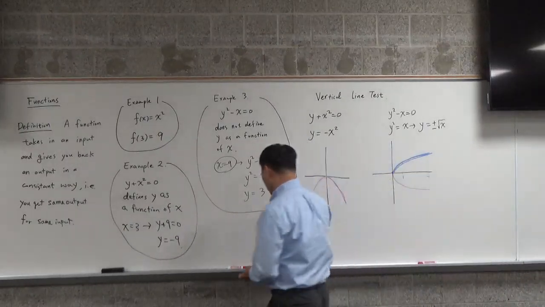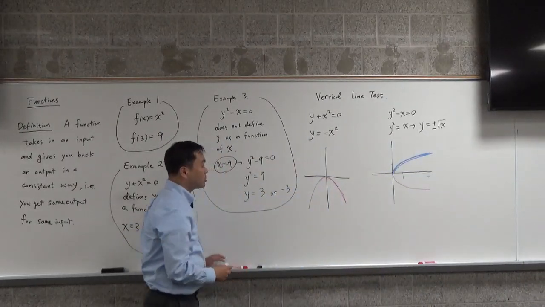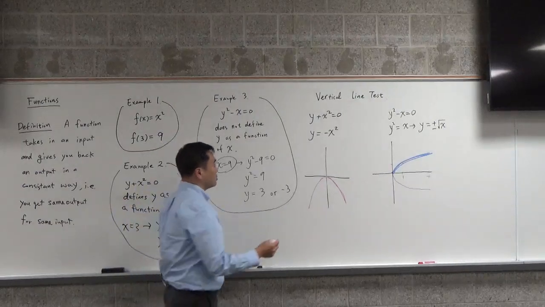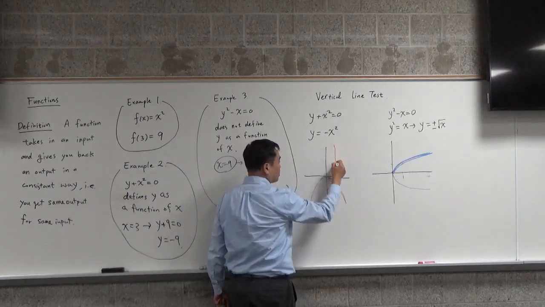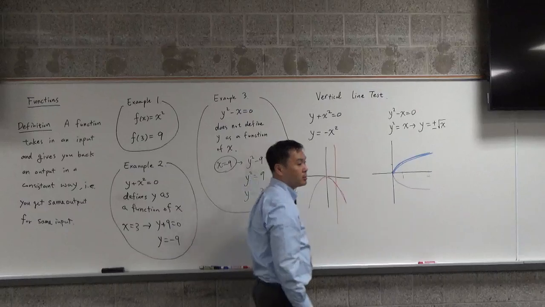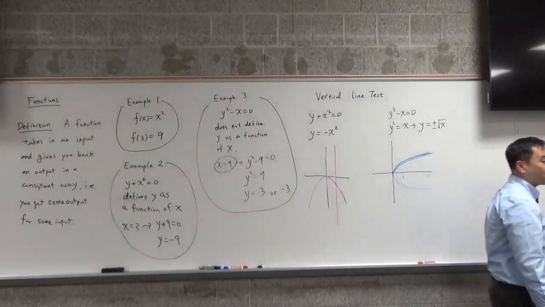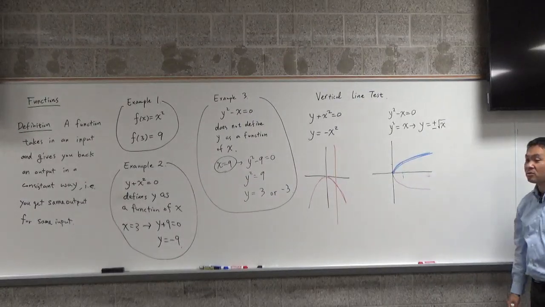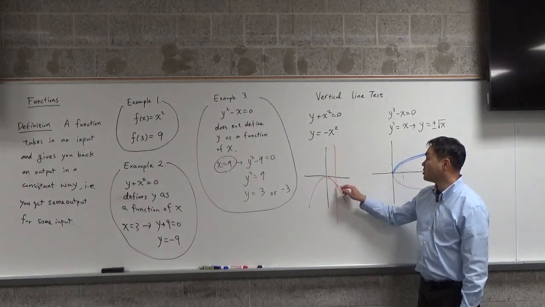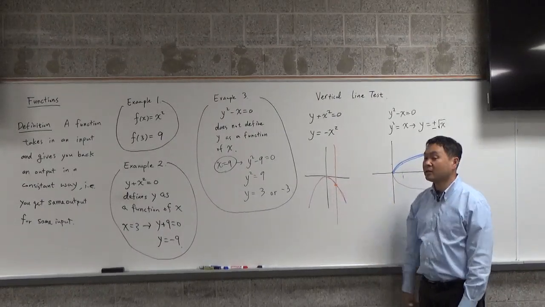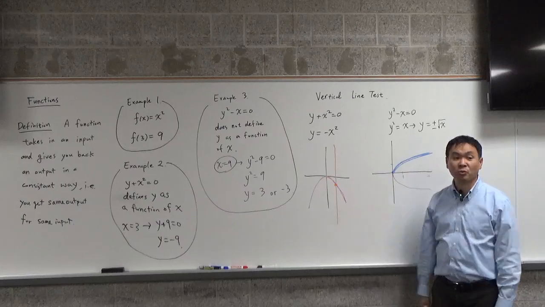And now we can try to draw the vertical lines. If you draw any vertical line in the first graph, where y is a function of x, you see that the vertical line meets the graph at most once.